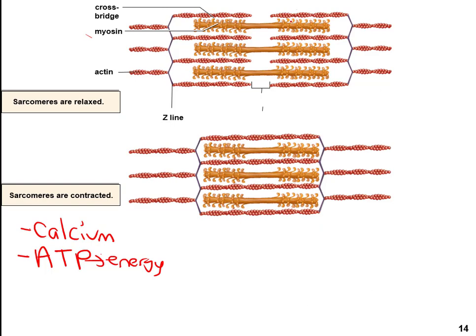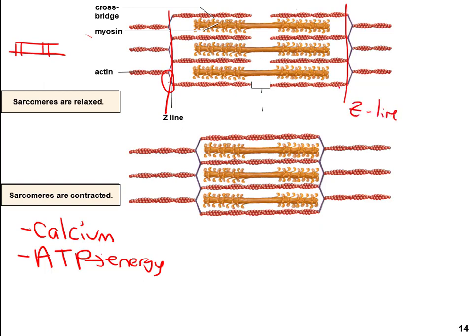So first, let's quickly review a sarcomere. Remember, your muscles are made up of many of these sarcomeres that line up on the myofibril. There's many of them and they all line up. The ends of the sarcomere, this blue line here and this line, these are called the Z lines.